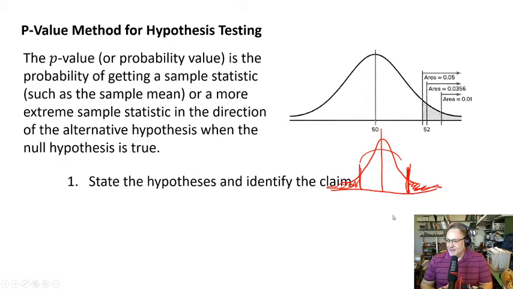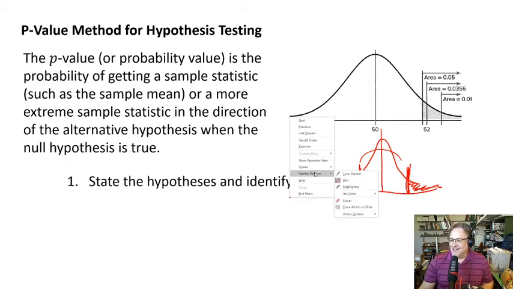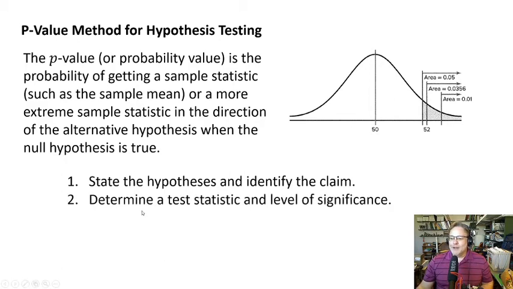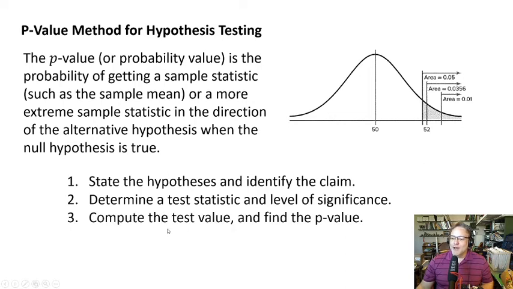So let me erase my little drawing here so that we can go through this. Once again, we state the hypotheses and identify the claim, precisely the same as before. We determine a test statistic and a level of significance. Again, no change from before. We compute the test value and find the p-value. It's just one extra step from the test value.